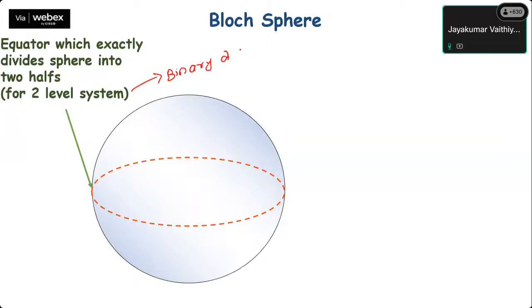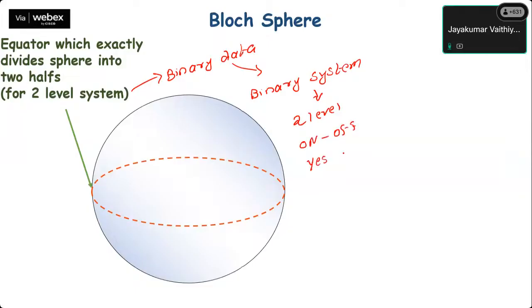So if you want to represent binary data, you need to use a binary system. What is the meaning of binary system? It is a two-level system. It could be on, off. It could be yes, no. It could be true, false.